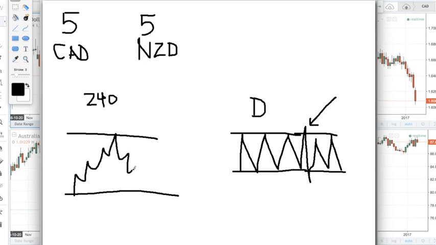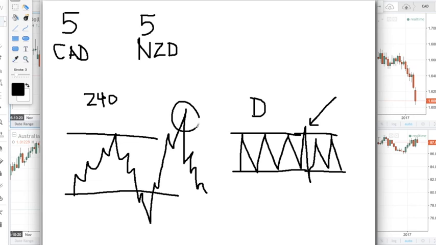Boom, boom, and then sometimes it's boom, boom. Now, you see these spikes that happen? Now, what we call false breakouts or fake outs and stuff like that. Do you understand now why they happen?